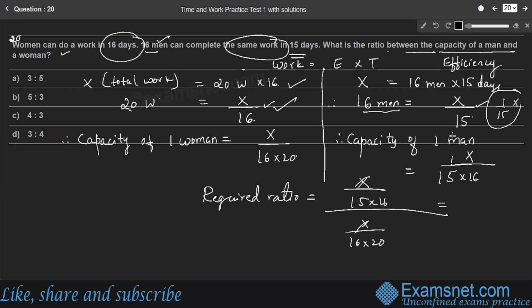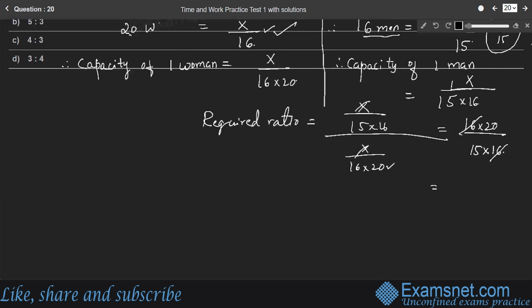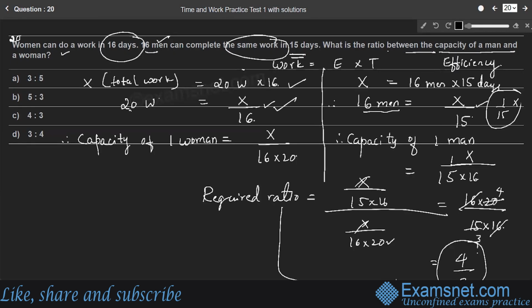Then this 16 into 20 will go to numerator, because denominator of the denominator will go to numerator, and 15 into 16 will be the denominator, so that we can cancel 16 and 16. So we have 20 by 15 as the final answer. Required ratio is, yes, 4 is to 3, right? So 5 into 4 is 20, 5 into 3 is 15. So required ratio is 4 is to 3. That means capacity of man to woman is 4 is to 3. Option C.